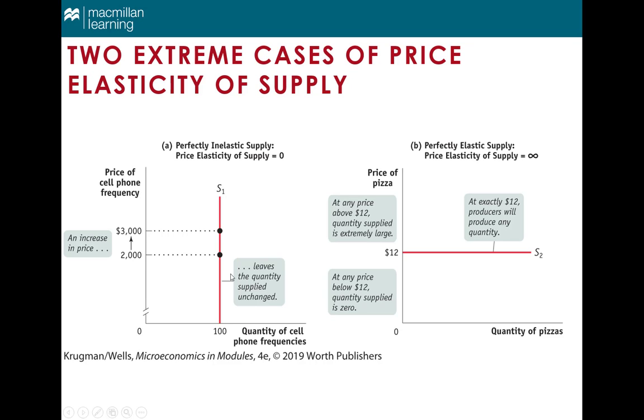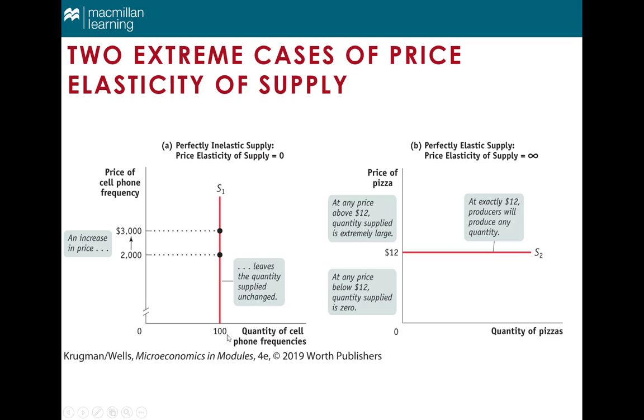So it's useful to look at these two extreme cases. The first case is the supply of cell phone frequency. So this is a case where the supply is perfectly inelastic. The vertical axis represents the price of cell phone frequency. Let's say there was an increase in the price of that good from 2000 to 3000.